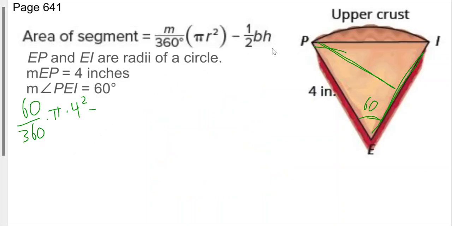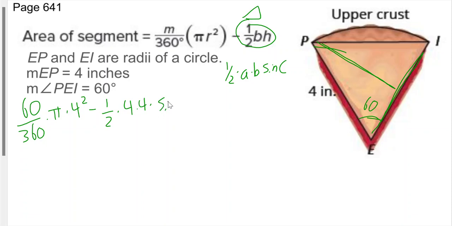So how do I find the area of this triangle? Well, I maybe remember from last chapter, it's 1/2 times a times b times the sine of C. So I'm going to use this trig equation. I'm going to have 1/2 times a and b, so that's 4 times 4 times the sine of 60.